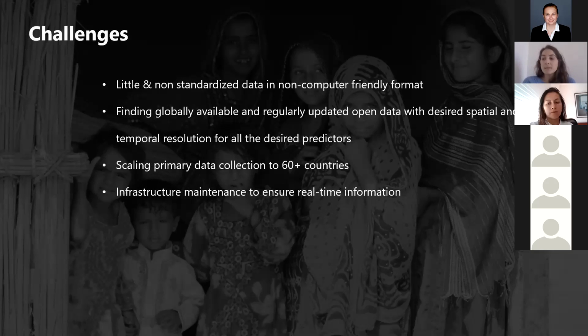Then, what were the main challenges we faced while building this? Well, as I was saying, we needed to put together data from different sources. At first we had little and non-standardized data, mostly for the food security indicators themselves, the indicators that we were trying to predict.